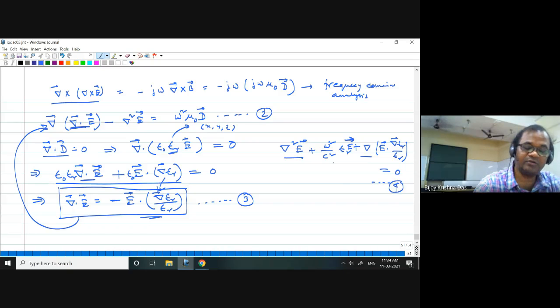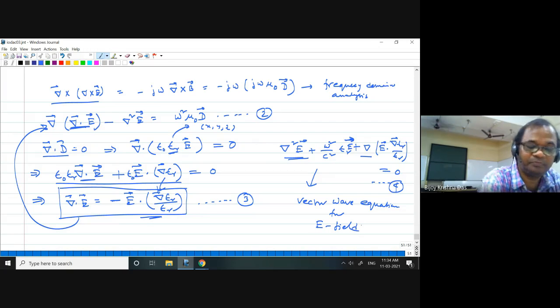And this is actually, if you carefully look into it, a general equation where only the electric field is there. Okay, and this is called the vector wave equation for E field, because this is not complete. Magnetic field is there also.